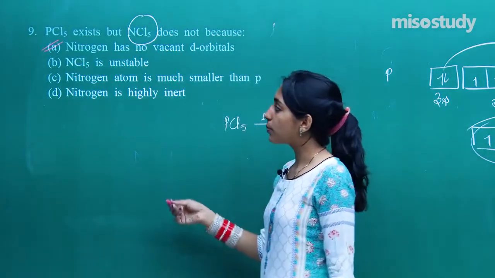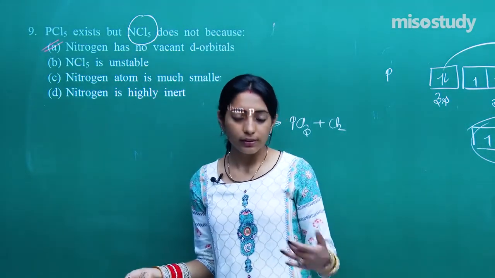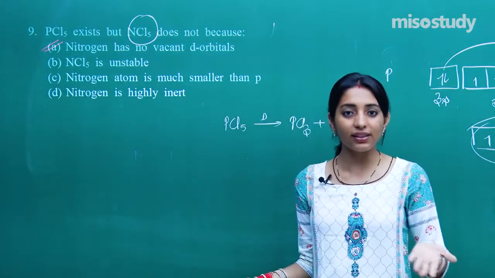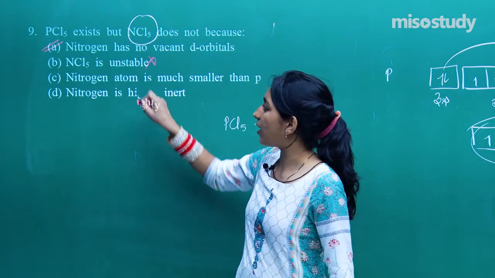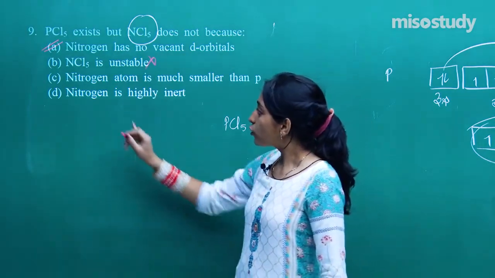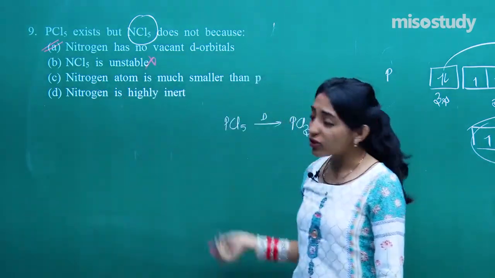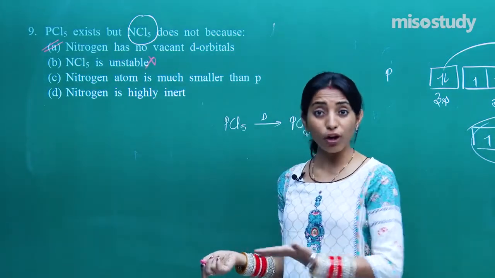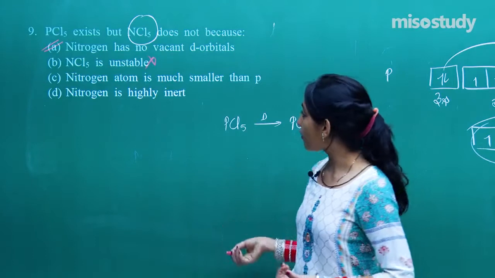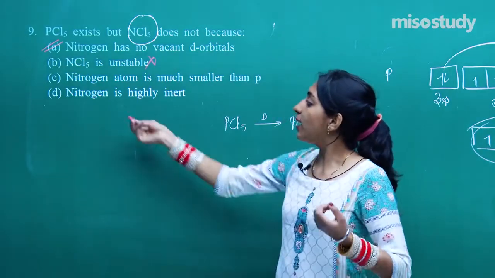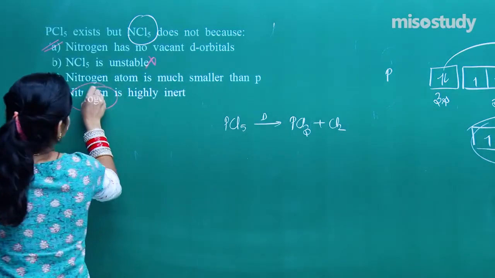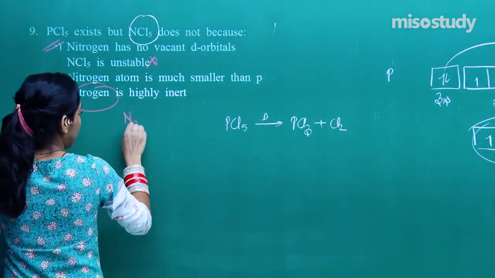Then second it says because NCl5 is unstable. Yeah, he is simply saying why NCl5 is unstable. So this is the reason it doesn't exist. So this is not a good answer. Then, nitrogen atom is much smaller than phosphorus. I agree. All these are good points. These are facts that nitrogen is smaller than phosphorus. Nitrogen is highly inert. By the way, nitrogen is not highly inert.